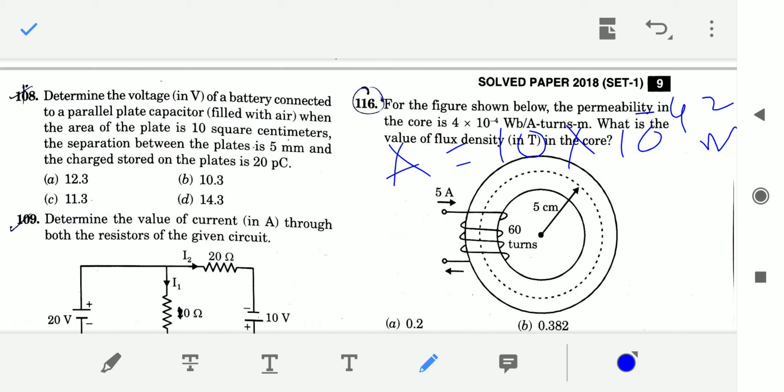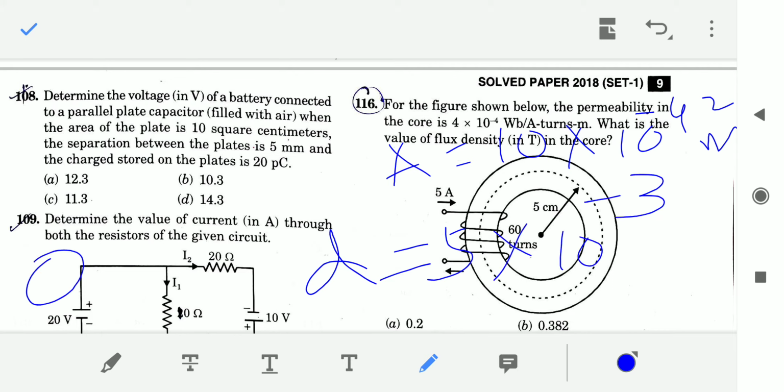And the separation between the plates, that is the distance, is equal to 5 millimeter, that means 5 into 10 power minus 3. And the capacitance value is 20 picofarads, so 20 into 10 power minus 12.